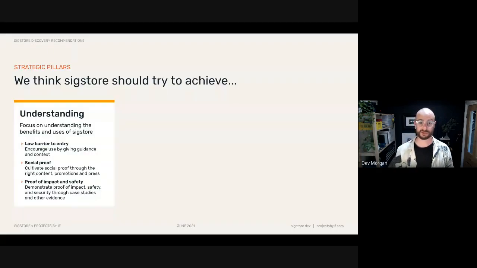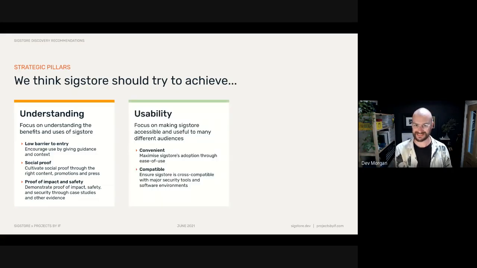So we think Sigstore should try to achieve understanding. That means a low barrier to entry. That means cultivating social proof, so showing that it works, that it's safe and that it has impact. We think Sigstore should try to achieve usability, so that it's convenient, that it's compatible, that the barrier to entry is really low for lots of different types of people, not just security specialists.